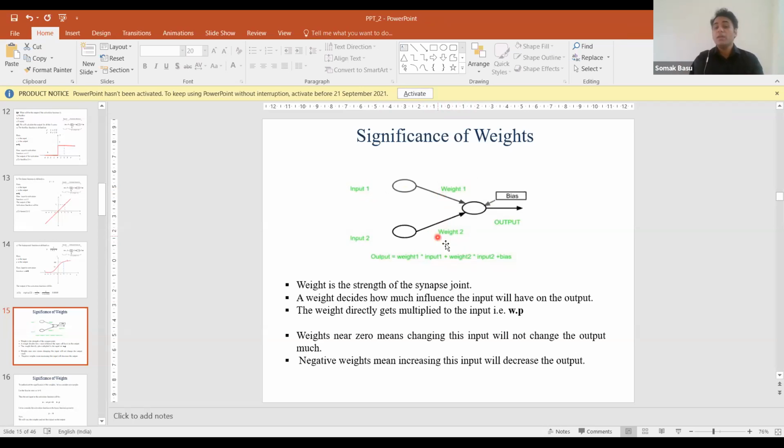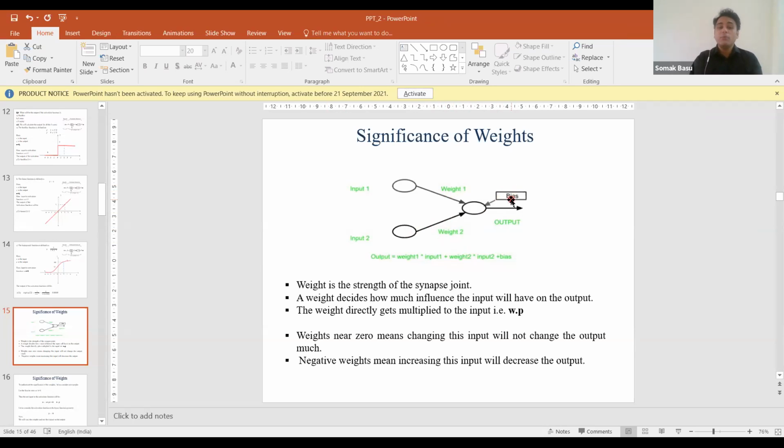If you multiply any input with zero, then the value will be very less. What does that mean? Even if you change the input, it wouldn't have much of an impact on the output because its significance or importance is very less. So weight is nothing but the significance, importance, or influence of the different inputs that you provide. So this is nothing but a weight.